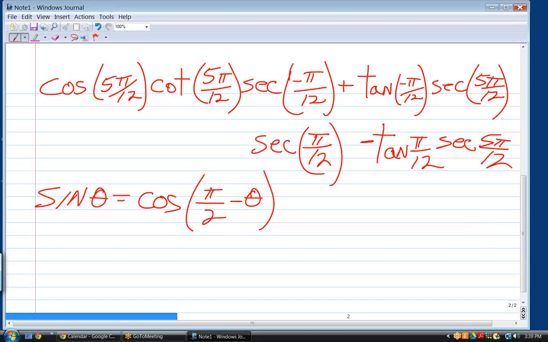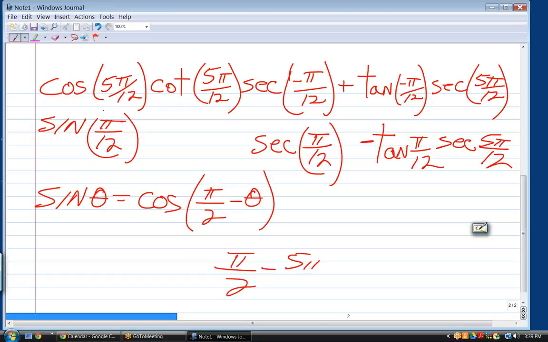Notice that I want to turn everything into one angle. So instead of cosine of 5 pi over 12, notice that if I subtract 5 pi over 12 from pi over 2, what do I get? In other words, what we're doing is pi over 2 minus 5 pi over 12.